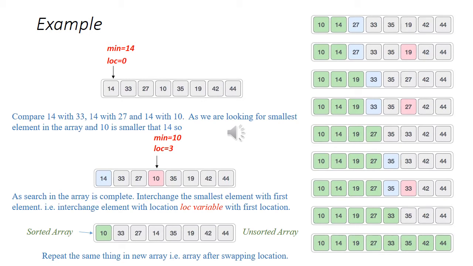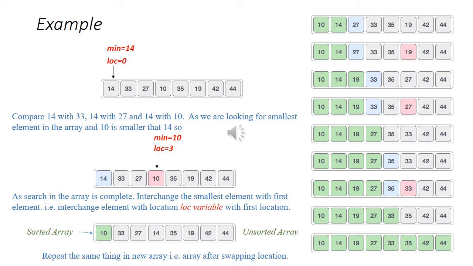We divide the array into two parts, sorted and unsorted. So at the starting, the sorted array is empty and this whole array is the unsorted part. Then the next step was to find the smallest element in the unsorted array.